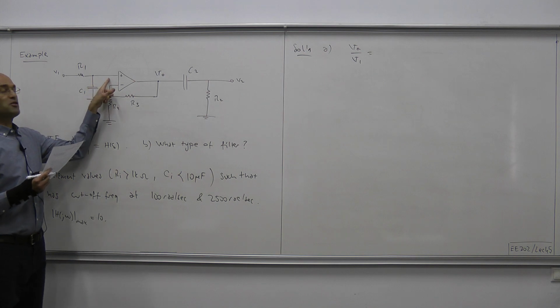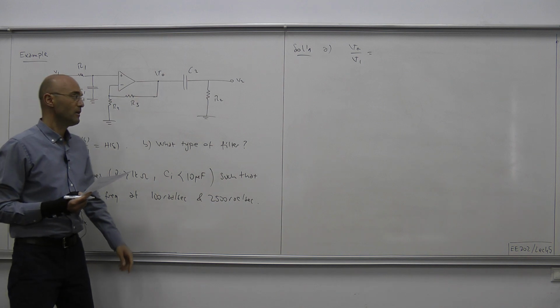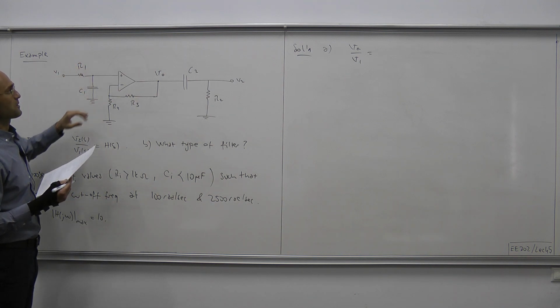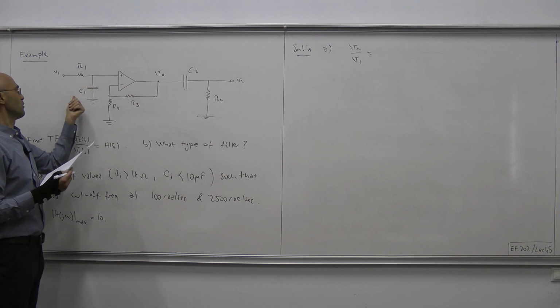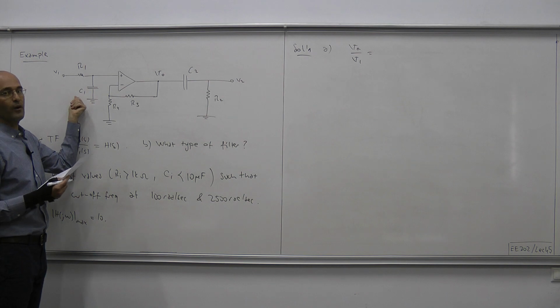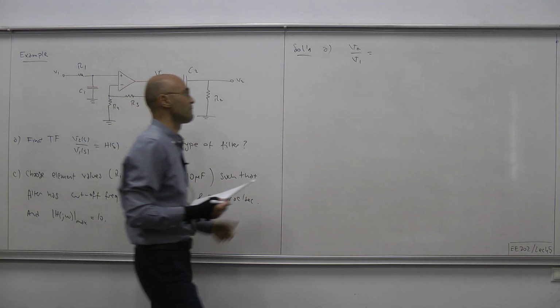And here, since there is no current escaping into the op-amp, because we're working with the ideal op-amp model, this V plus can easily be obtained through voltage division. 1 over SC1 divided by the overall impedance seen by V1, which is R1 plus 1 over SC1.